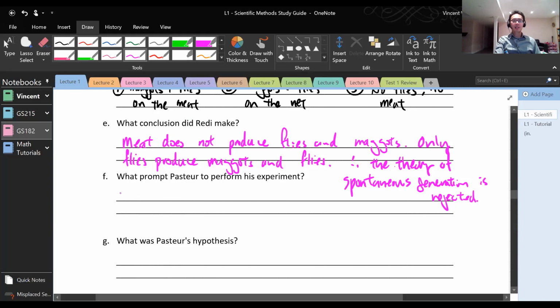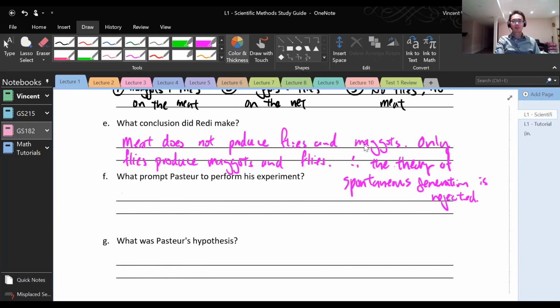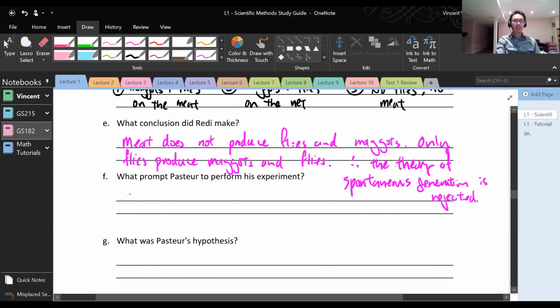Well, at the time, some people, okay, let me choose a different color so it looks different. So some people didn't believe Brady's experiment. Okay, some people still think that spontaneous generation occurs on a microorganism level.